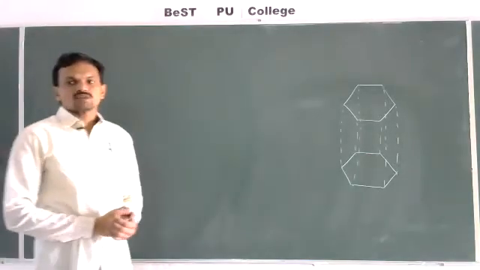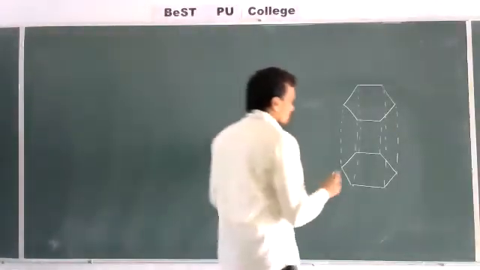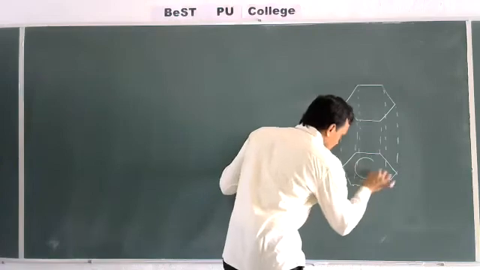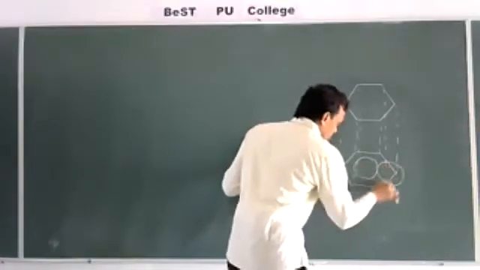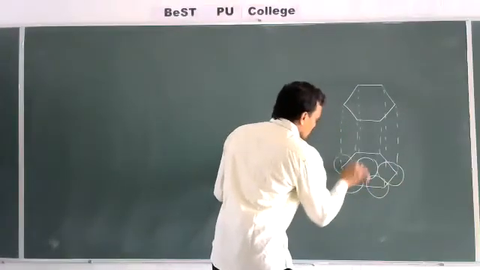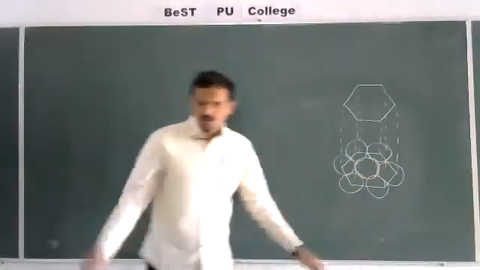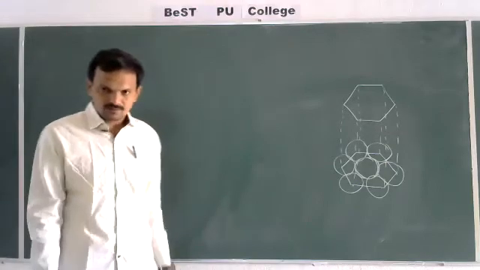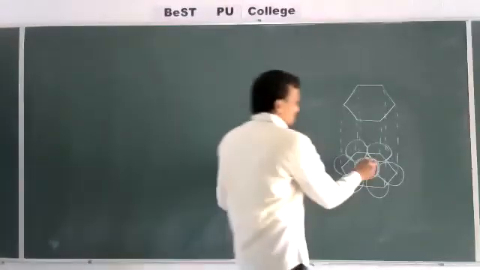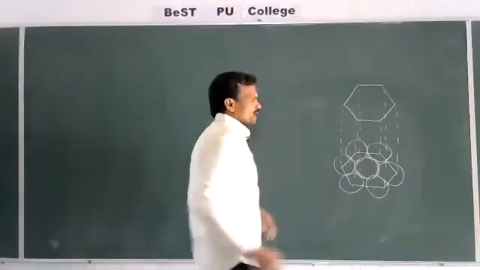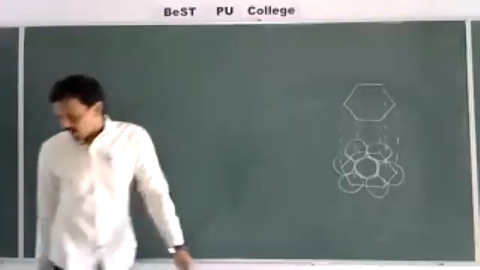So what is the position of the constituent particles? If you take one hexagon, at the center of the hexagon there is one particle, surrounded by 6 particles, as we discussed, two-dimensional hexagonal close packing like this. Okay, now above this the particles are present at voids.